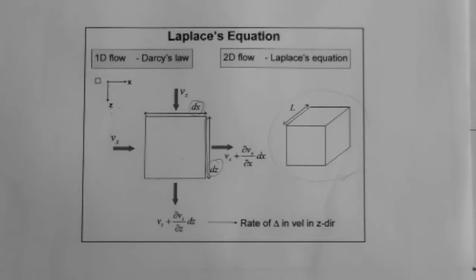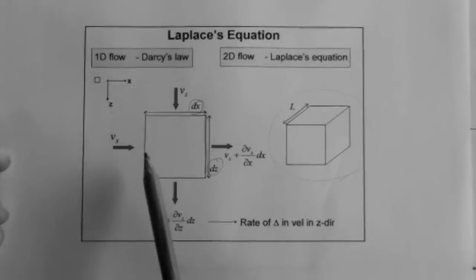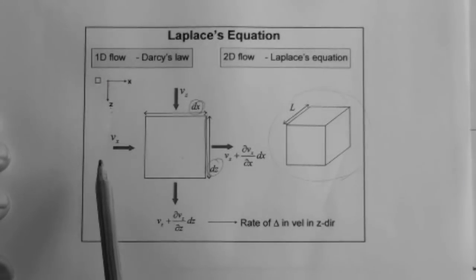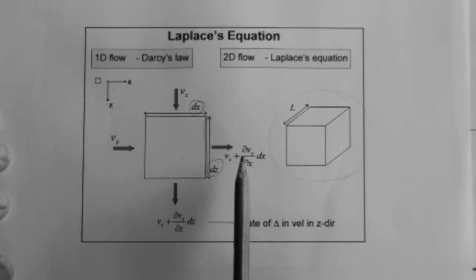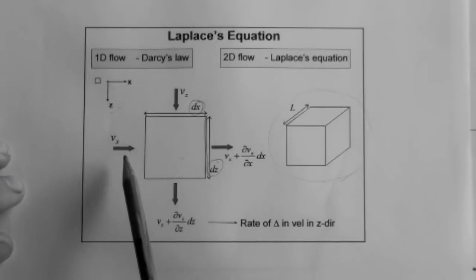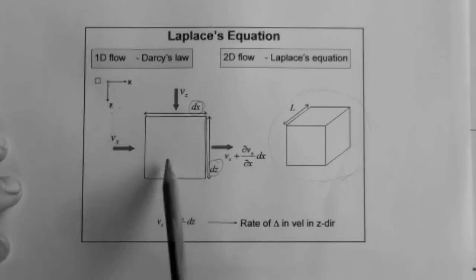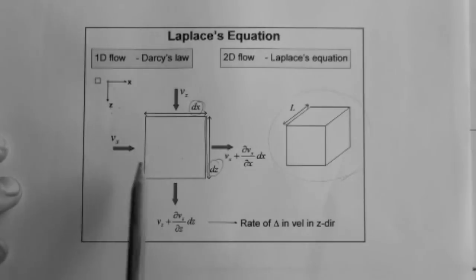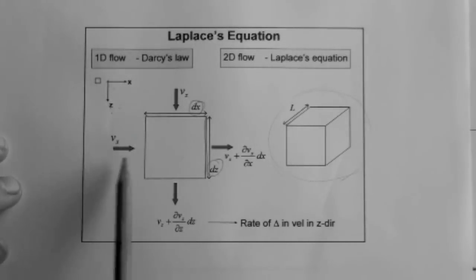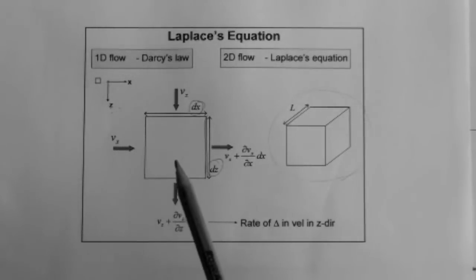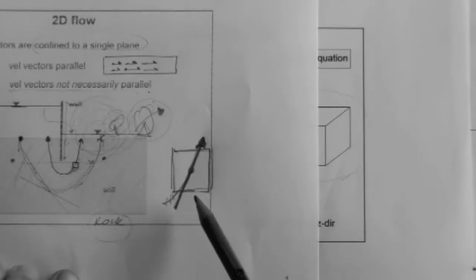Okay, now let's think of the component in the x direction. The velocity of the fluid as it enters this point is Vx, that is the x component of that vector that we drew here.